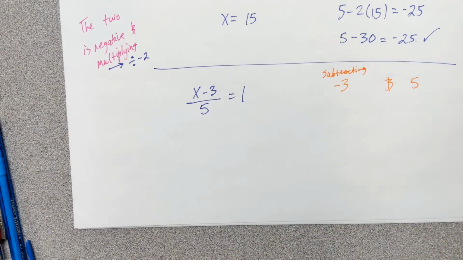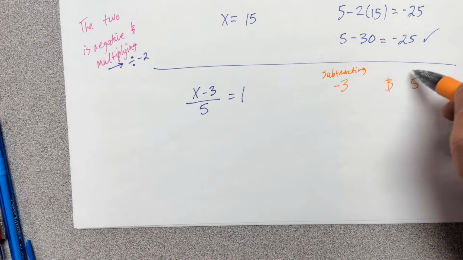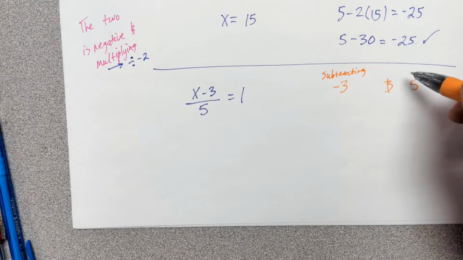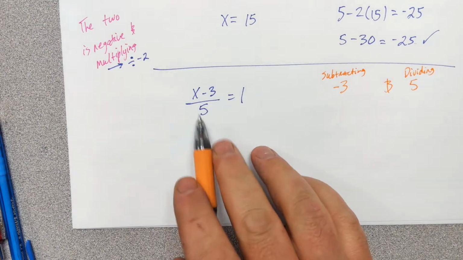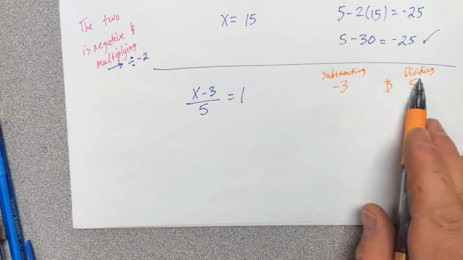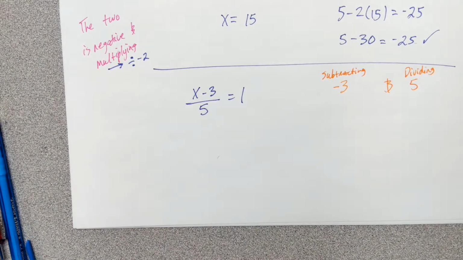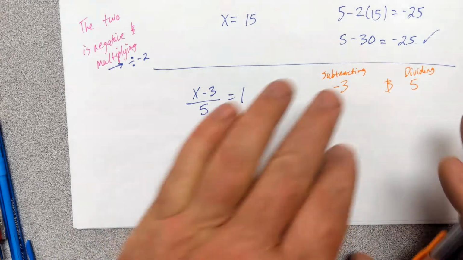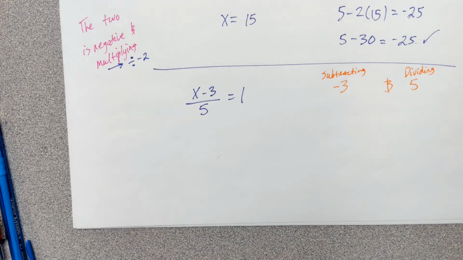Okay, Jackie, chance for redemption. What's the 5 doing to the x, Jackie? It's dividing. Yeah, you see how it's in the denominator? That means division. If you can't identify these things, then you can't do it. You won't be able to do inverse operations if you can't see what the operations themselves are.